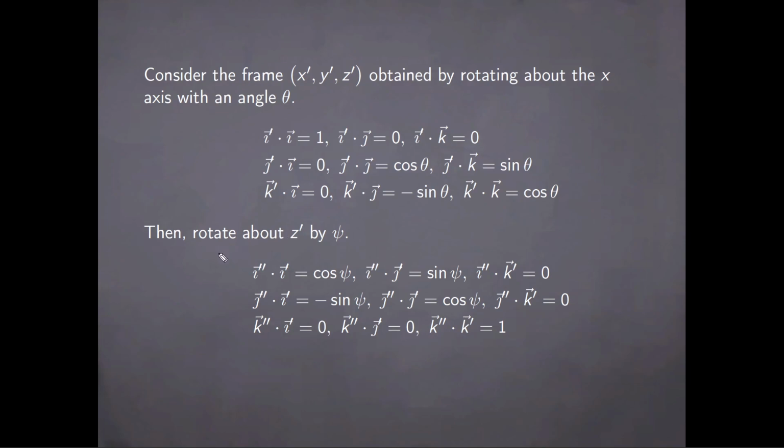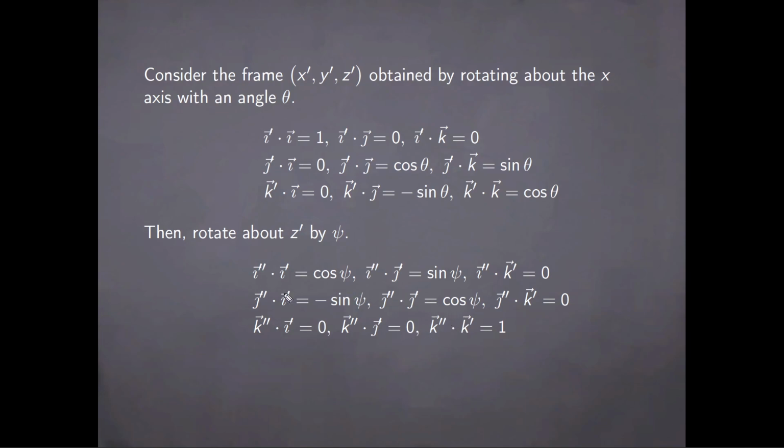Then we can rotate again, but this time by an angle psi around the primed z-axis. So this will lead us to a frame which has double prime indices. And once again, the direction cosines of the double prime frame relative to the prime frame are given in a straightforward way by the values here.